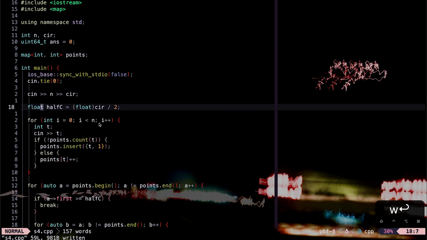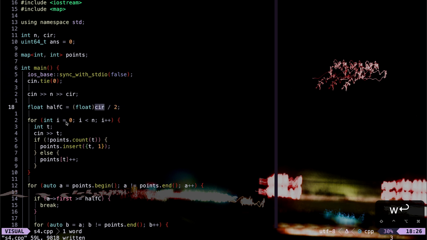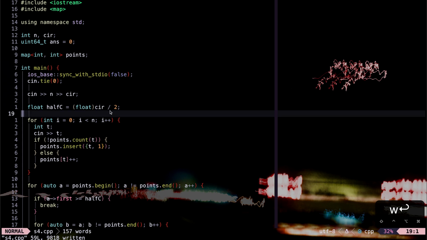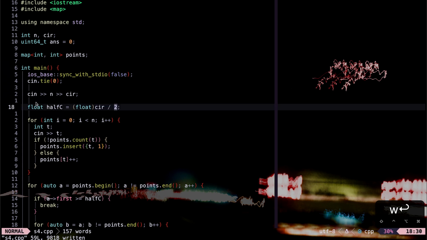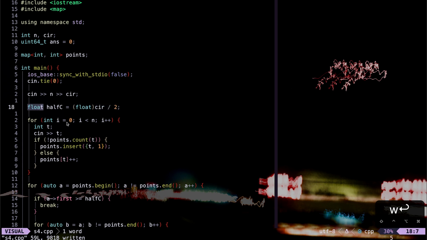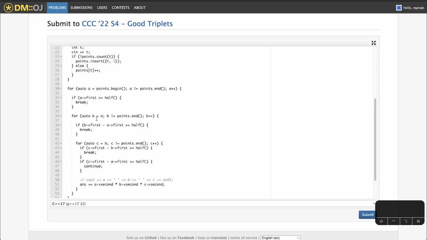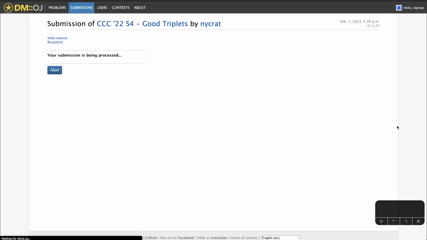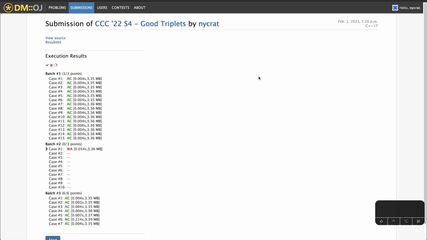That made it so if the circumference was odd, then if we divide by 2, it just rounds down if we have it be an integer. And that was why it wasn't working before. So I'm gonna try submitting this.